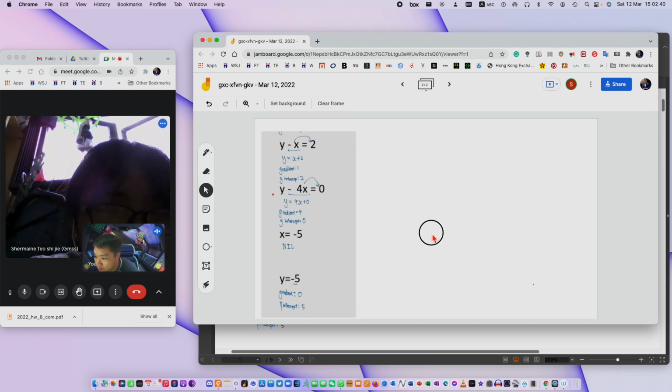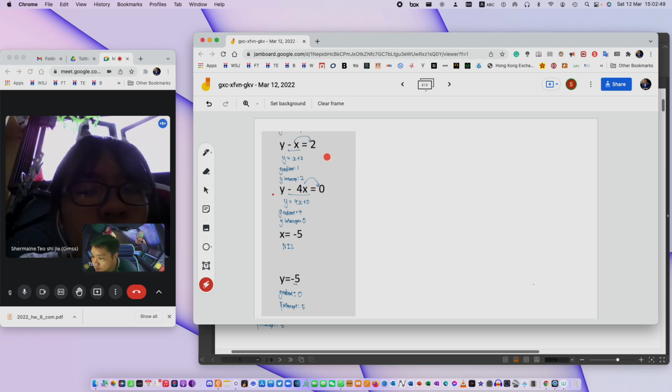Yeah, good. Okay, so what have you done here? I moved the minus x over. Correct. So like you say, you underline the minus x together with the sign. And then since you move it over, it becomes a positive x, right?